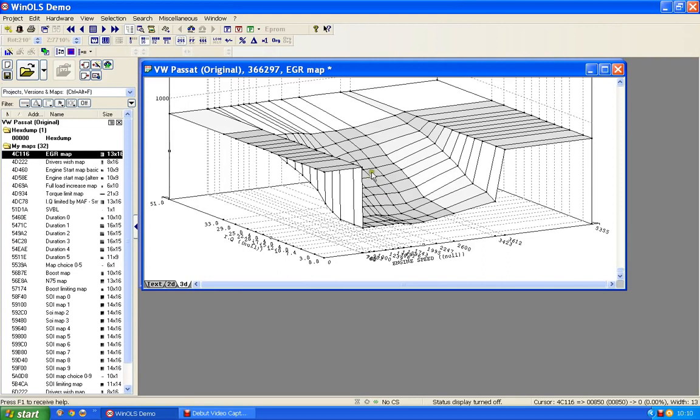Once I get to about here, I've got an injection quantity of somewhere around 17 milligrams, and at that point I'm getting something like a value of 500, which means the EGR value has fallen to about 350.